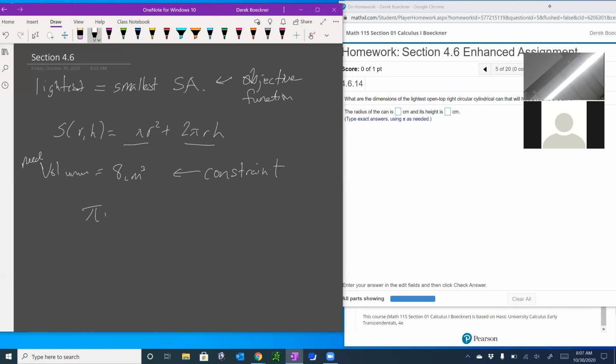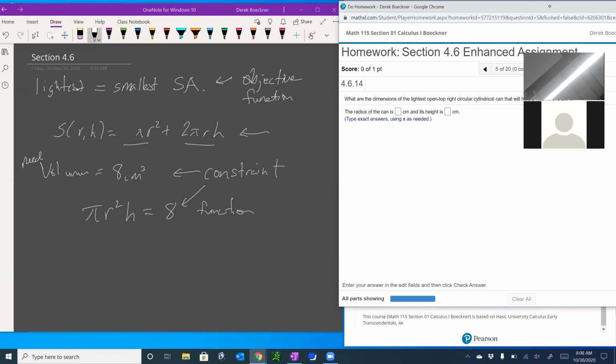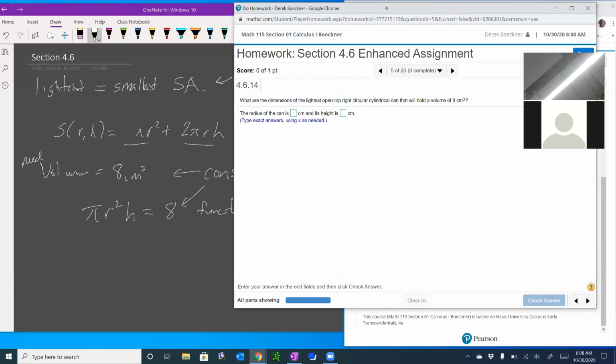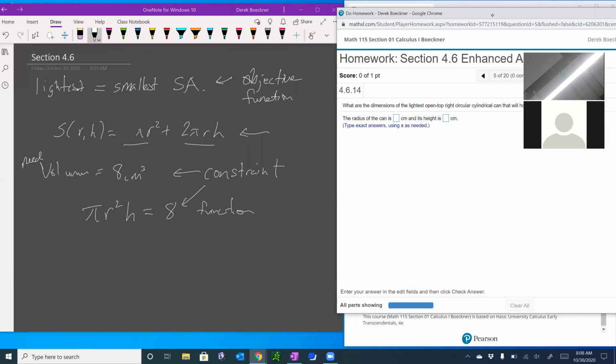So that's pi r squared h equals 8. That's our constraint function. And this is our objective function. And we want exact answers, so we're just going to carry pi around everywhere. Is there anything else to this? I think that's probably it. Okay. So now what do I do next?